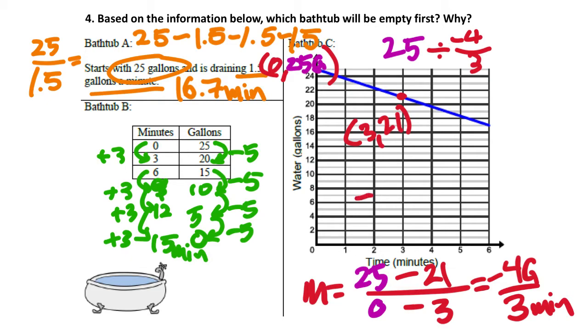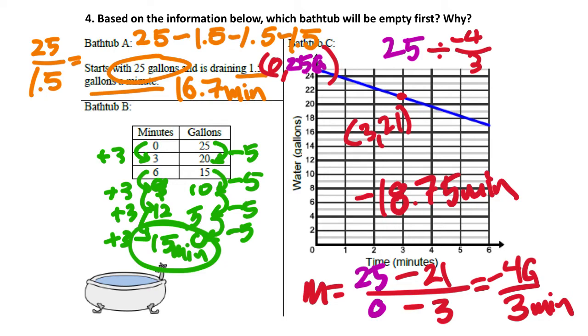So this one's going to take 18.75 minutes to drain. And now we can see that bathtub B is going to be the fastest. Why? Because we did the work for it. That's good enough for me.